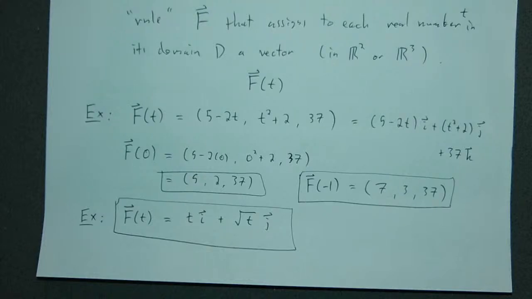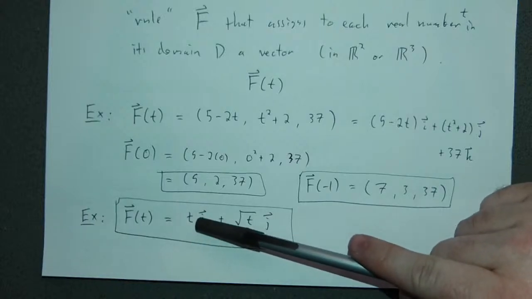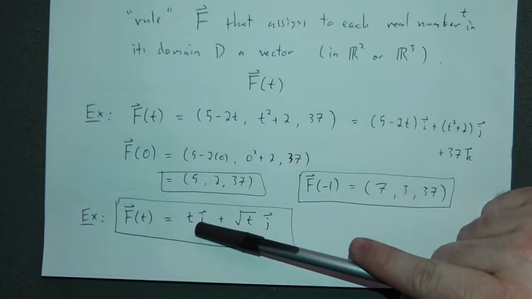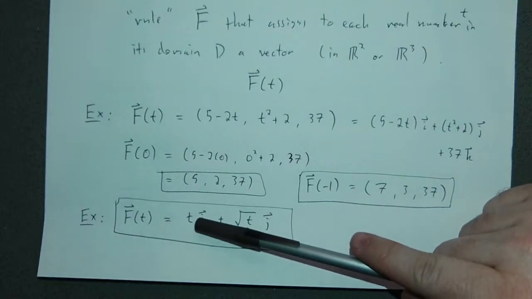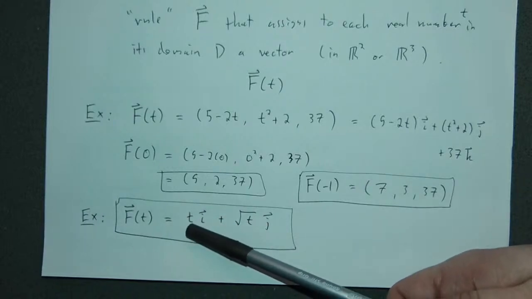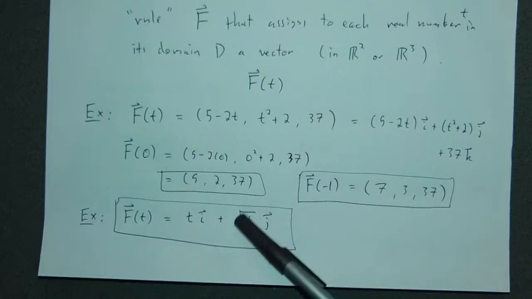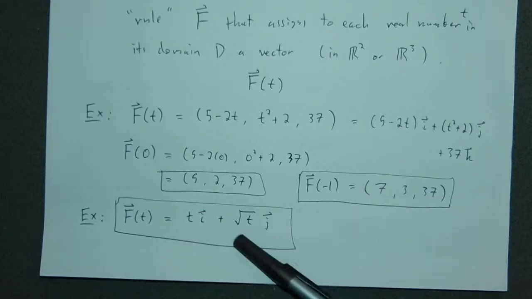What restrictions do I have here? Well, are there any restrictions in the first slot? Right, is there any problem plugging in t being equal to anything? Well, no, right? So there's no issue coming from this slot. Are there any issues coming from this second slot?